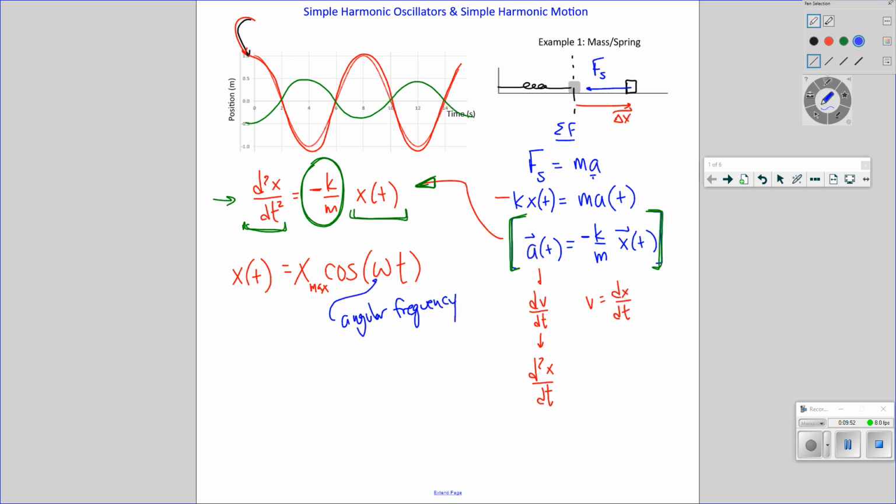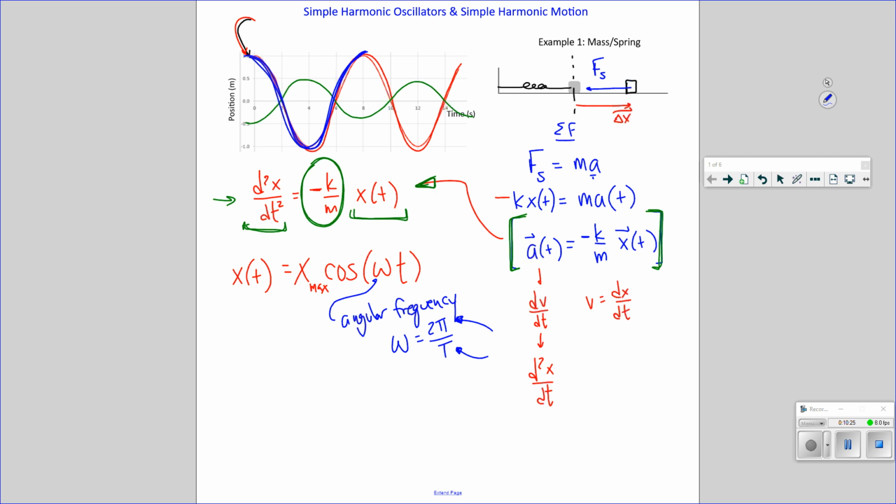And that has to do with how often the function repeats itself. Specifically, that omega is 2 pi over T, 2 pi being an entire oscillation and T being the amount of time for one entire oscillation. So 2 pi being the number of radians in this full cosine function, and T being the period, the time it takes for an entire oscillation.